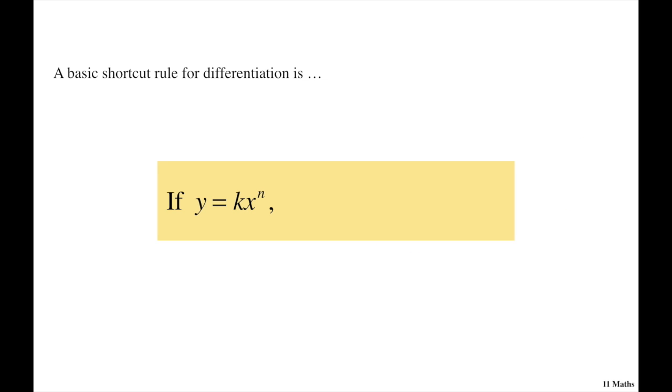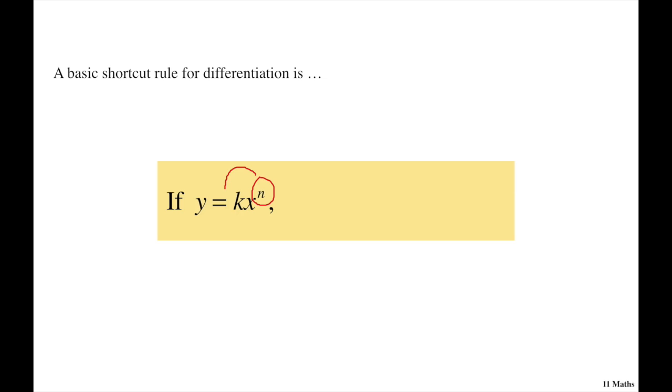So let's talk about the basic rule. When you actually deal with differentiation, the first thing that we need to make sure we understand is that we've got ourselves some expression. Now here we've got y equals kx to the power of n. And what we're focusing on is this power of n.